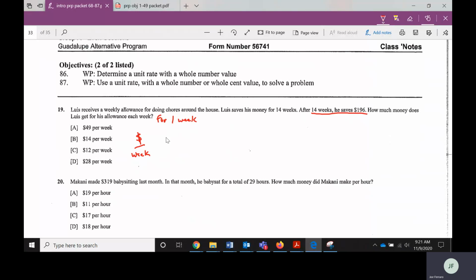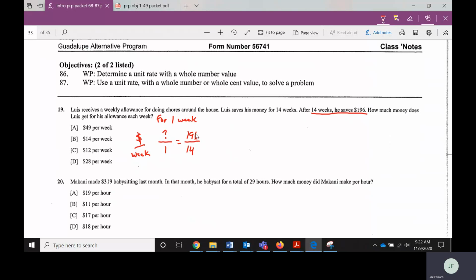The unknown pair is, for 1 week, how much money he gets. That's what we don't know, and we match that up with the known pair. The 14 goes on the bottom because that represents the number of weeks. The money is 196.